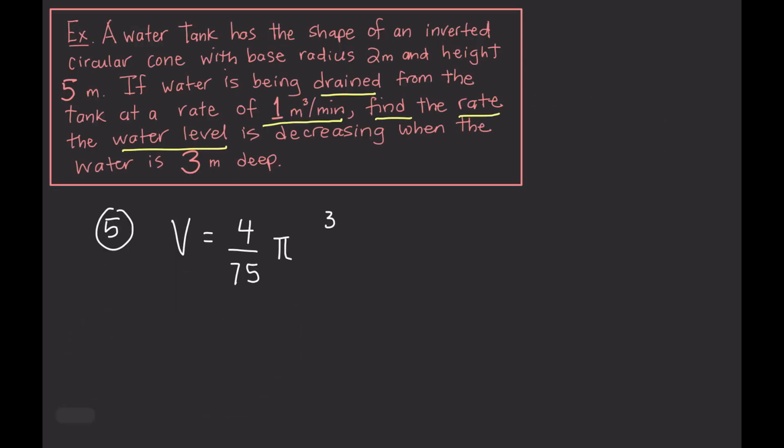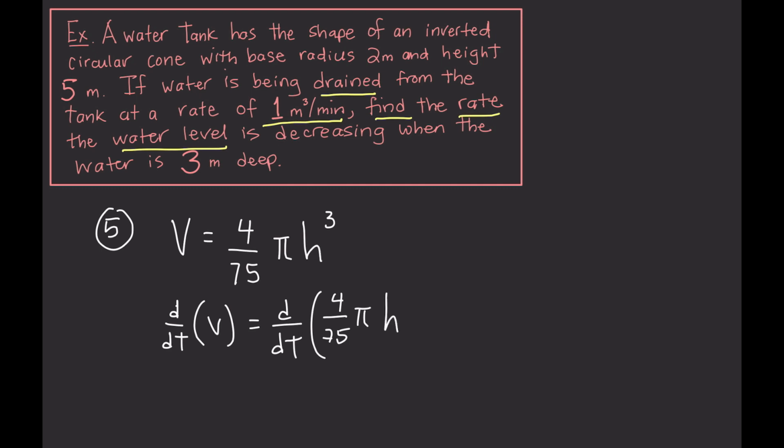Okay, so remember, in the next step, in step 5, we just take the derivative of both sides of the equation with respect to t. And this leaves me with V prime is equal to 4/75 pi times 3H squared times H prime.